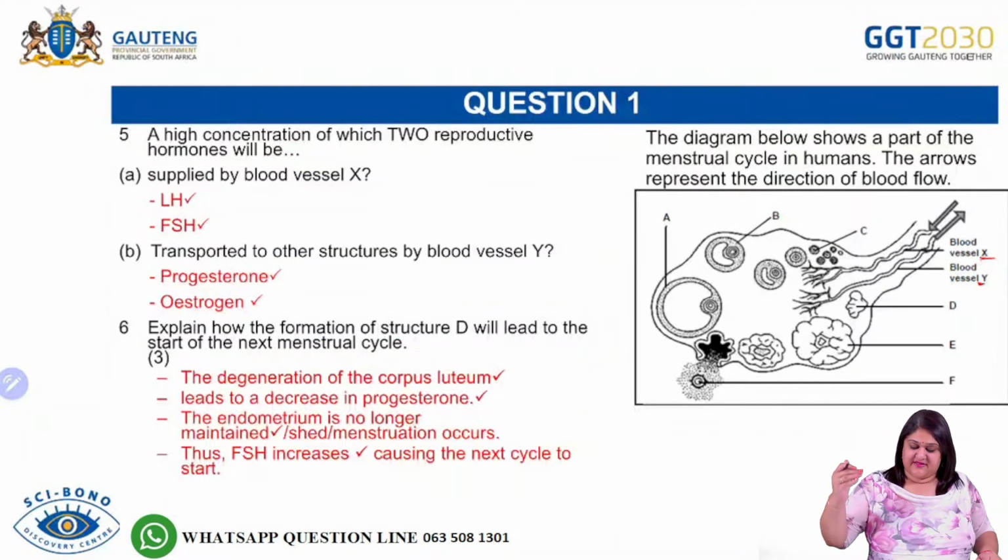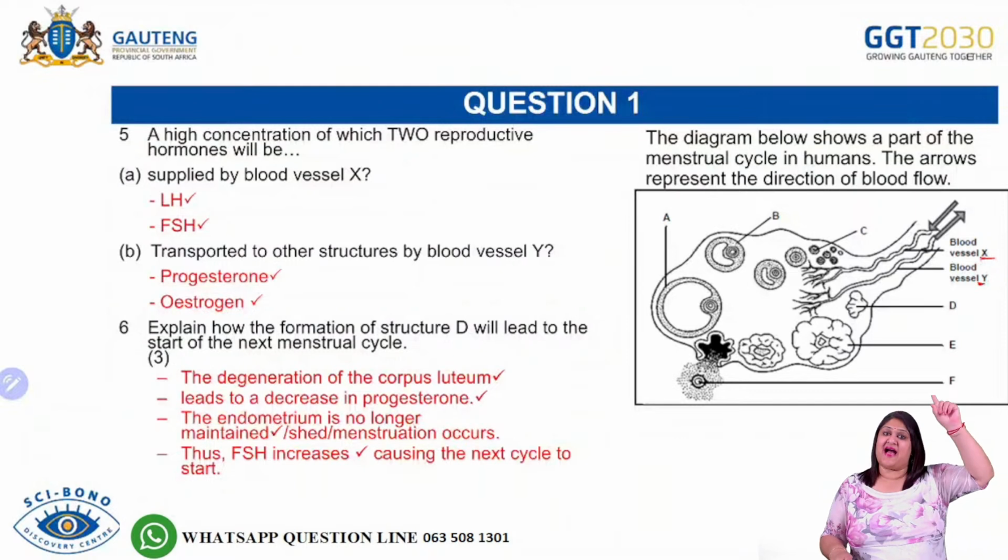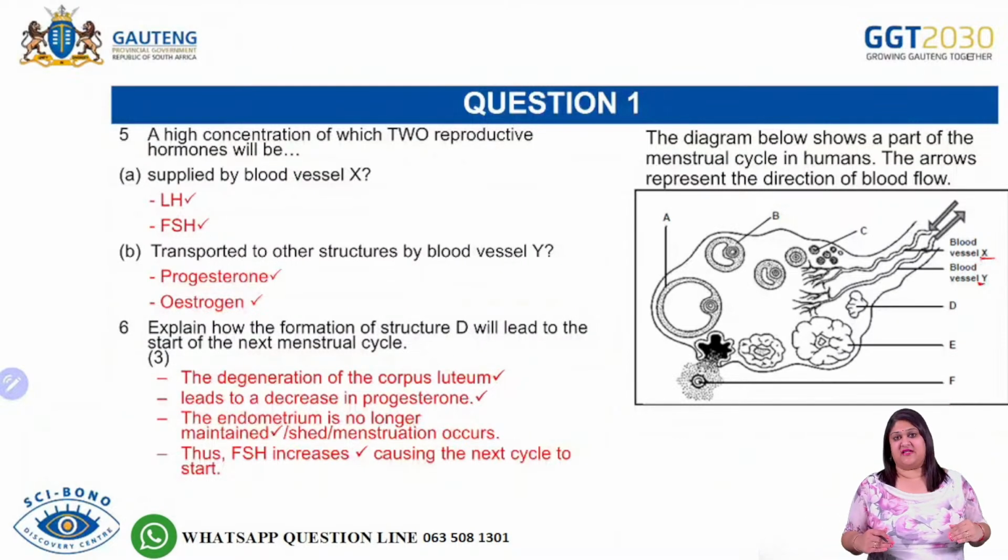But when progesterone levels are high, it inhibits FSH, because we don't want new follicles to be developed. And when our progesterone levels are high after day 28, it is when the female is pregnant or there's a fertilized ovum.